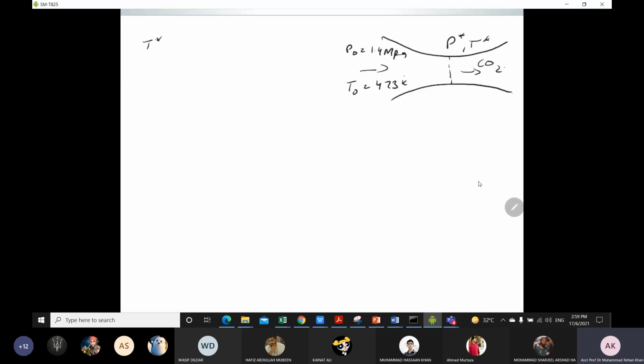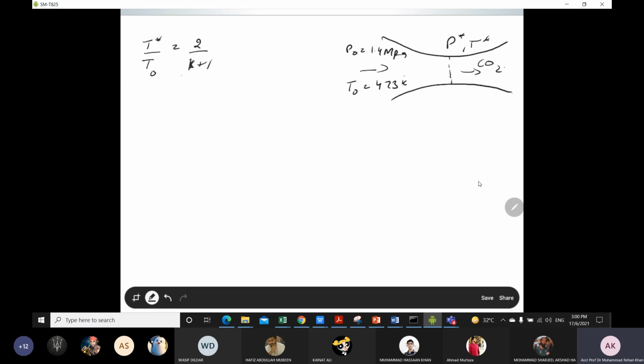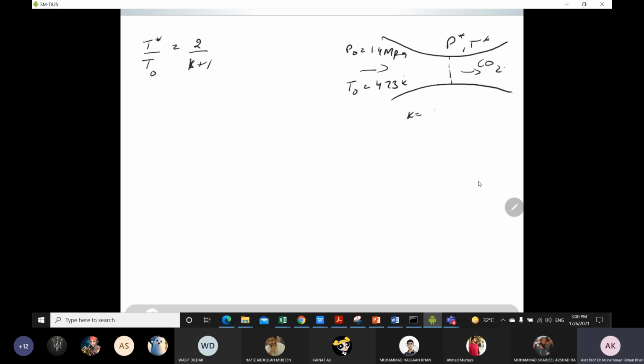Okay, so in order to find P star and T star, we can simply apply the relations that we already see: T star by T naught is equal to 2 over K plus 1. And K value for carbon dioxide is 1.289. So if we put the value, 2 over 1.289 plus 1, it will be equal to 0.8737.